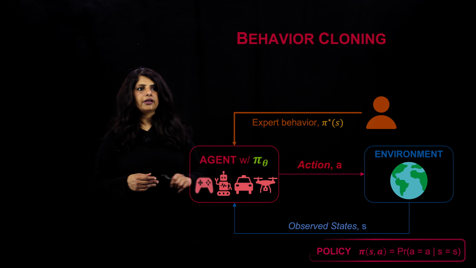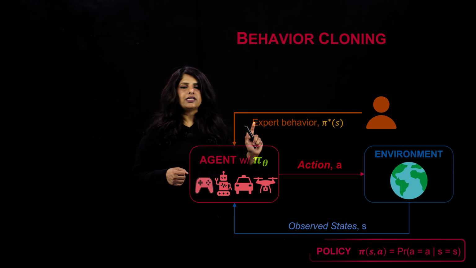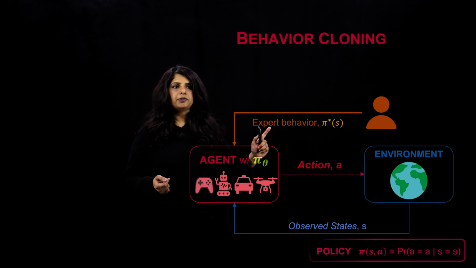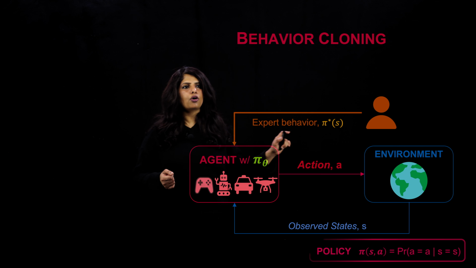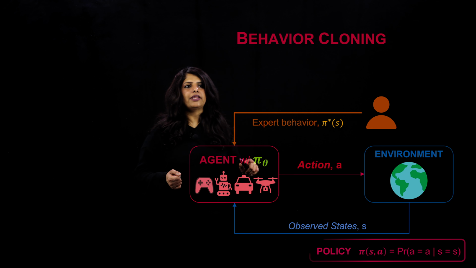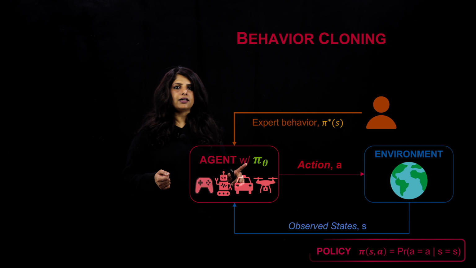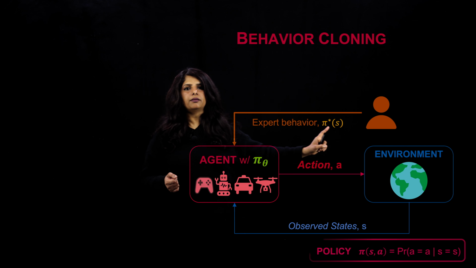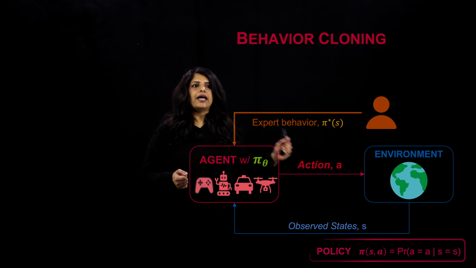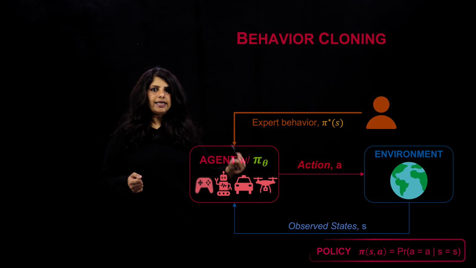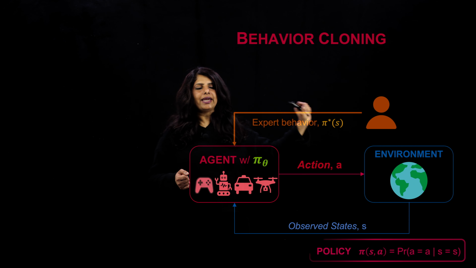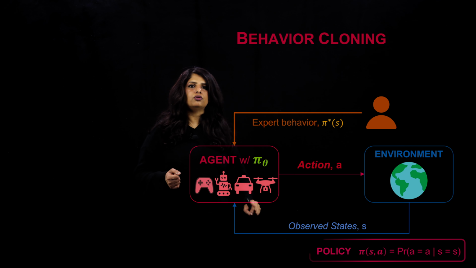What we want to do here is we are assuming the trajectories or the demonstrations that the expert is showing us is drawn from some sort of an optimal policy pi star. And we want to ensure that the agent's policy pi theta looks exactly like pi star. By the end of this learning process, we want to ensure that the actions that the agent takes when it visits certain states looks exactly like what my expert would take when they were at those states.